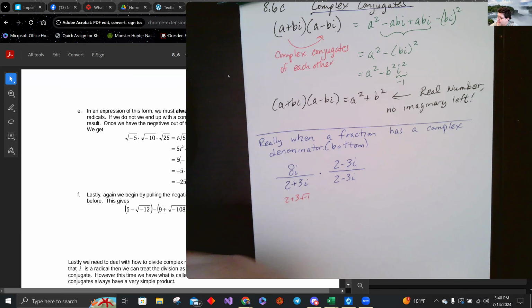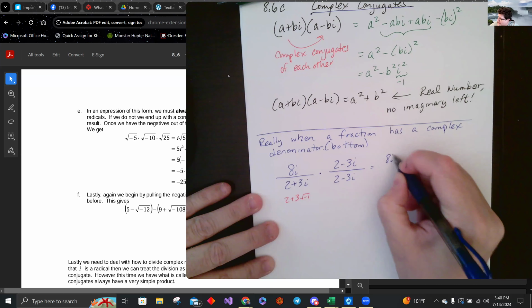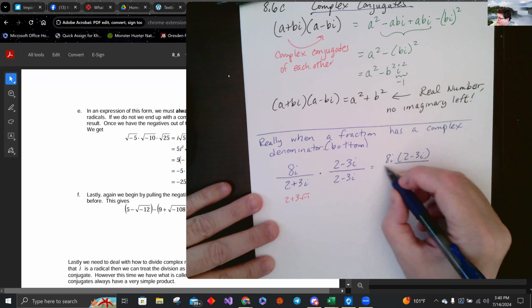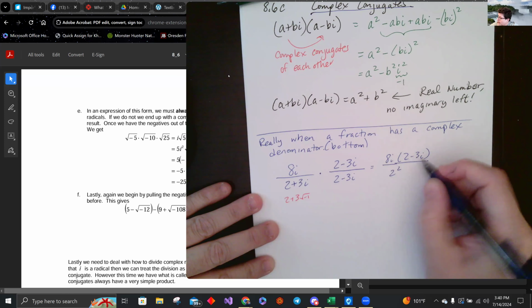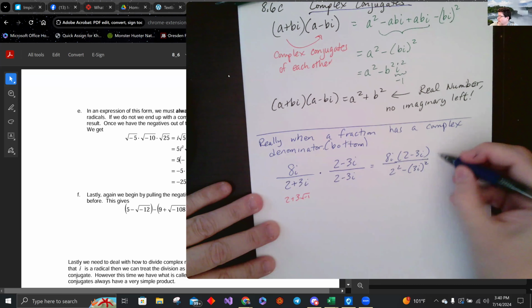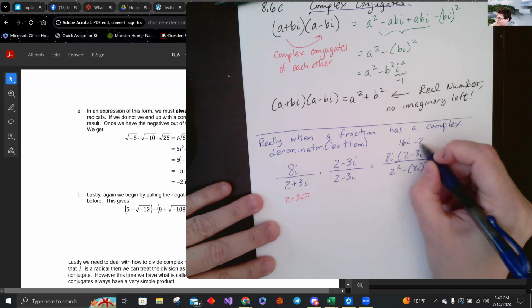If we apply this here, I've got 8i times 2 minus 3i, and on the bottom I've got 2 squared minus 3i squared. On top, this is 16i minus 24i squared.